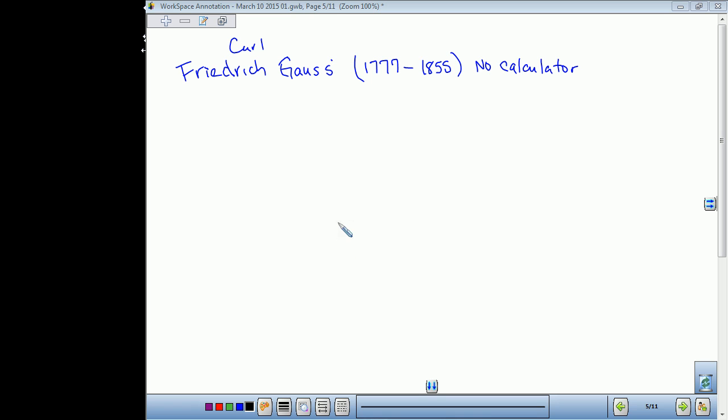Instead of immediately sitting down like some of us would do and writing 1 plus 2 plus 3, he was like, okay, there has to be a better way to do this. This would be painful. And he quickly figured one out.